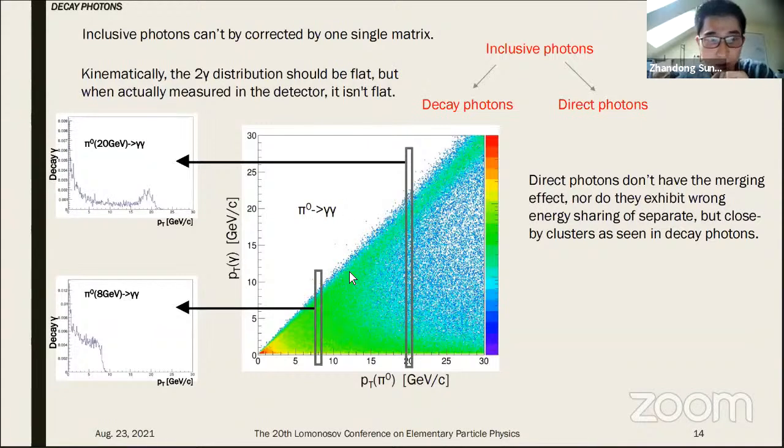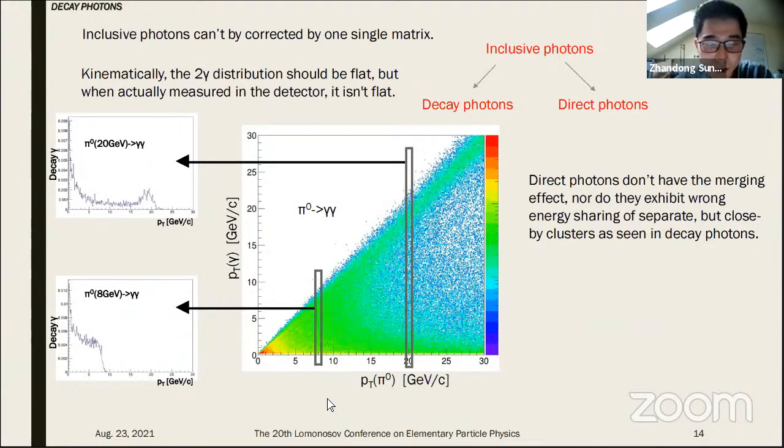We could see in this plot, the x-axis is the pT of pi0, and y is the pT of the decay photons. At lower pT, it seems to be flat. However, at higher pT, we see at half of the pi0 pT, it tends to be a valley. This is because of the merging effect.